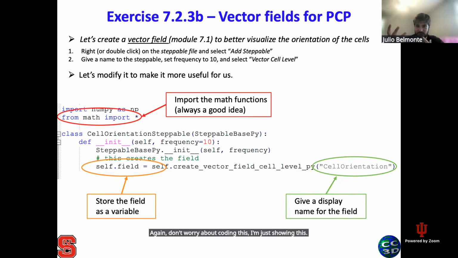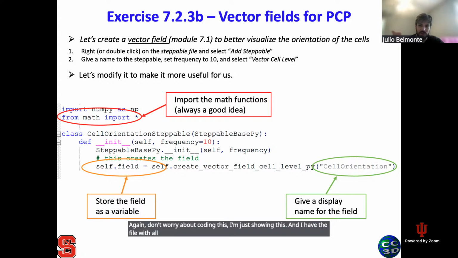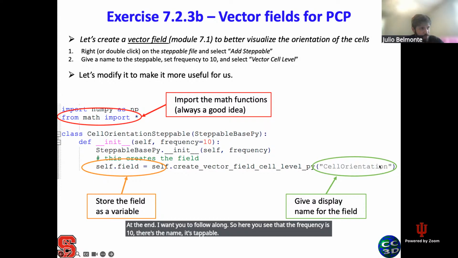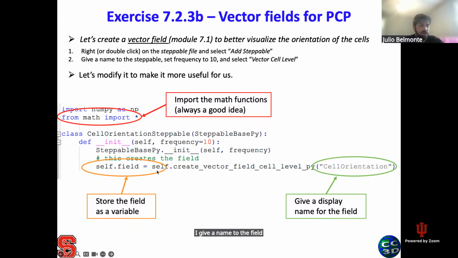And I have the file with all this already coded for you at the end. I want you to follow along. So here you see that the frequency is 10. There's the name of the steppable. I give a name to the field, and I store the field as a variable with the self dot in front so that I can access it within my step function.